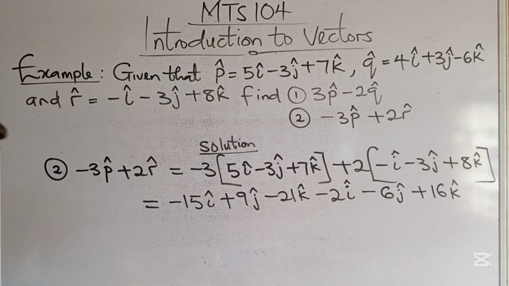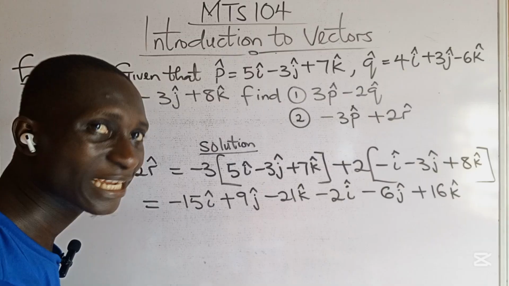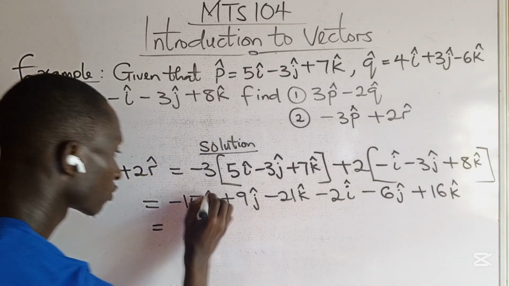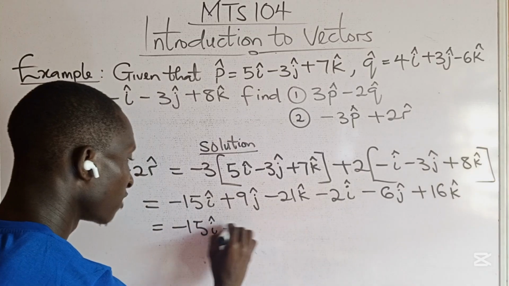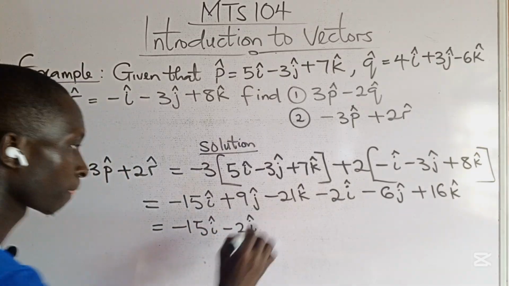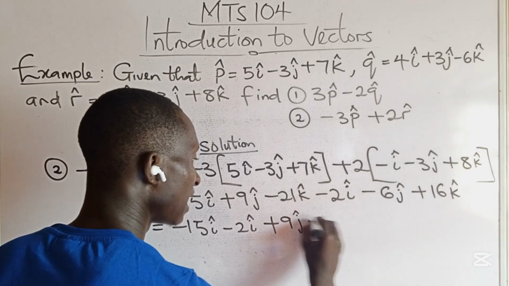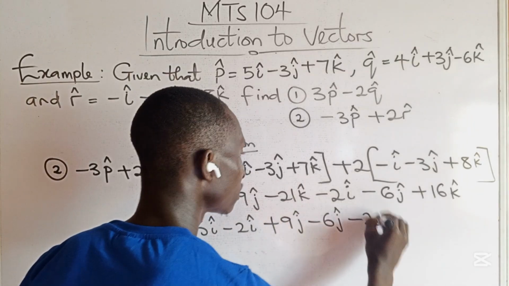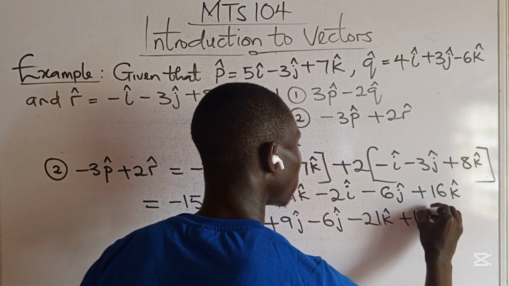After this expansion is done, what do we do next? Collect like components together. So we have I, this is I, and this is I. Let's combine: minus 15I minus 2I, plus 9J minus 6J, minus 21K plus 16K.